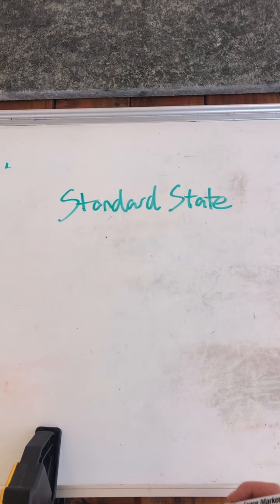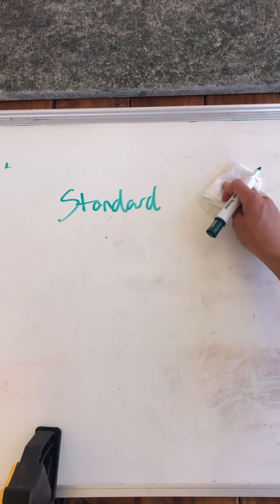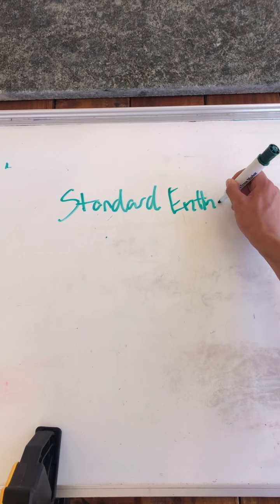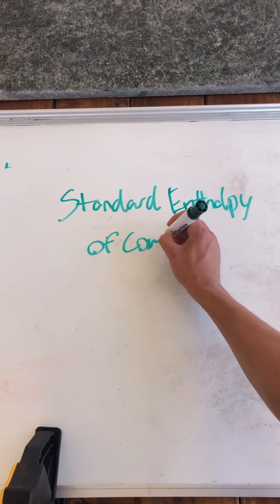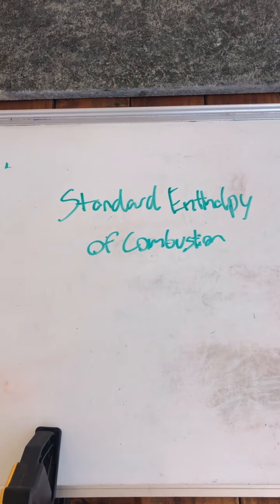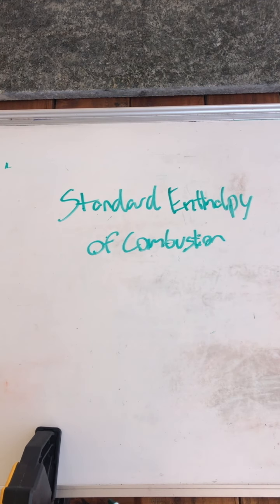All right, standard enthalpy of combustion. All right, so the standard enthalpy of combustion is basically how much heat is produced, or how much enthalpy is produced when something combines with oxygen, when it burns.